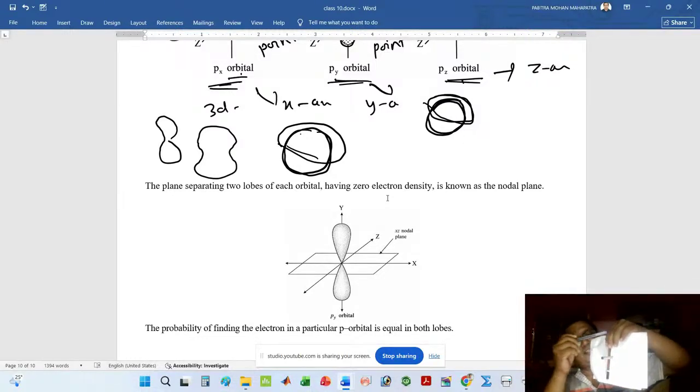This is your x-axis, this is your y-axis, and this is your z-axis. One lobe is present here. One lobe is present here. I will try to explain.